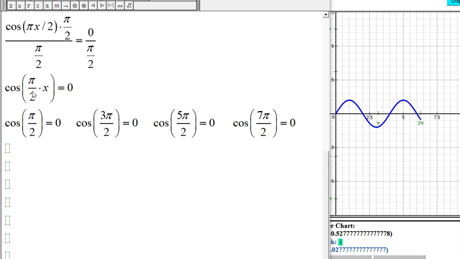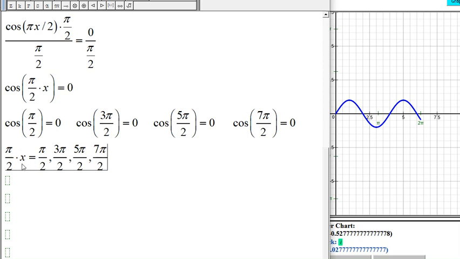And so what all this means is this. This part right here matches with that, because cosine of this is equal to 0. And we know that cosine of pi over 2 is equal to 0. And so this part has to equal pi over 2, 3 pi over 2, 5 pi over 2, and 7 pi over 2, and so on.